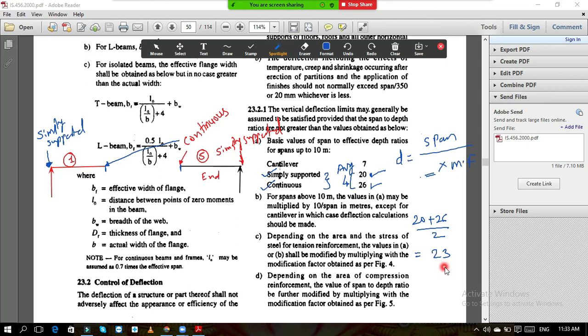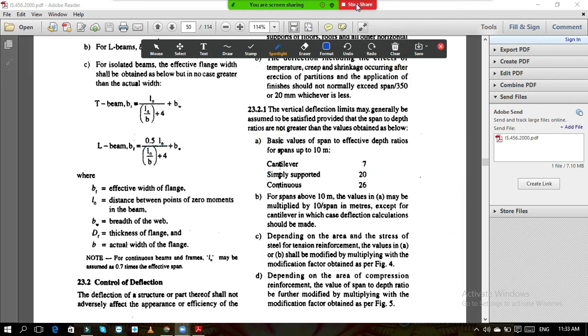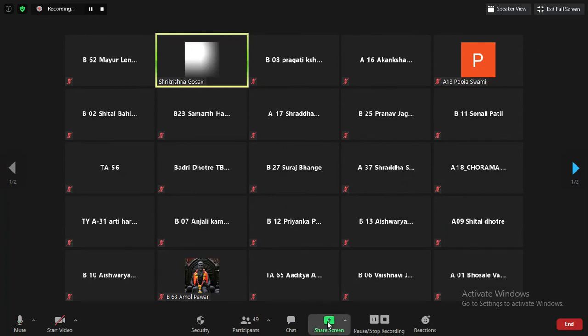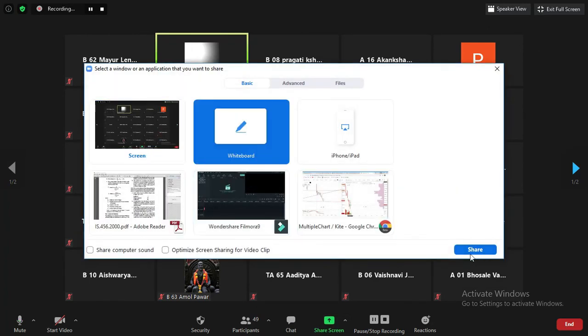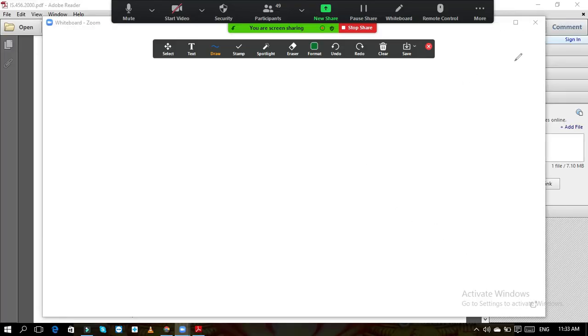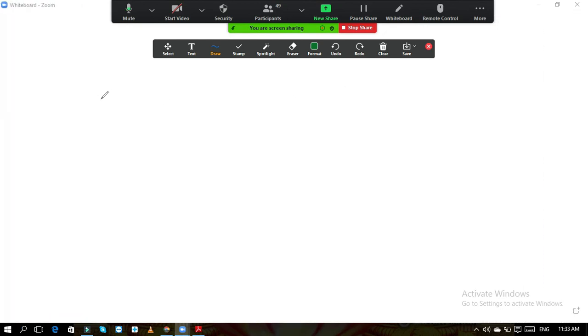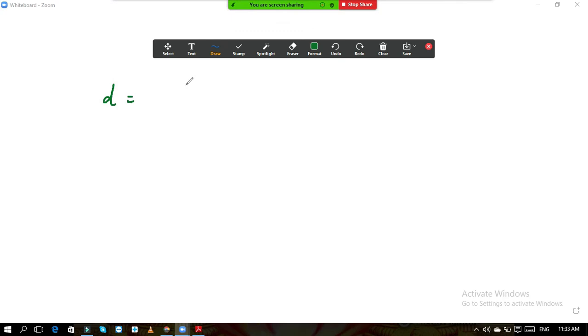Okay, so now this we will take while solving the problem. Now depth d is equal to span divided by 23 into modification factor.